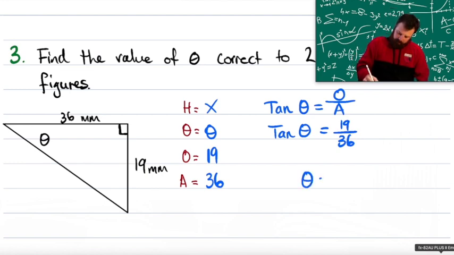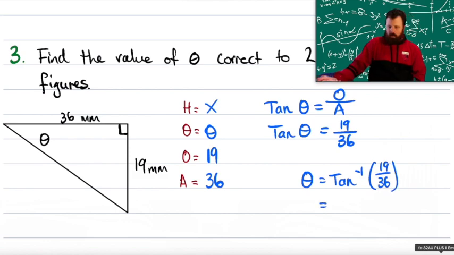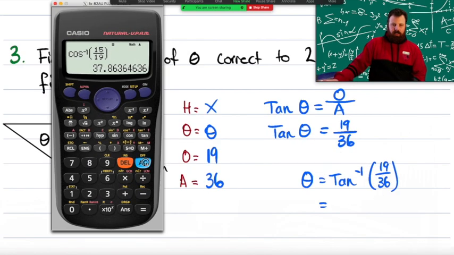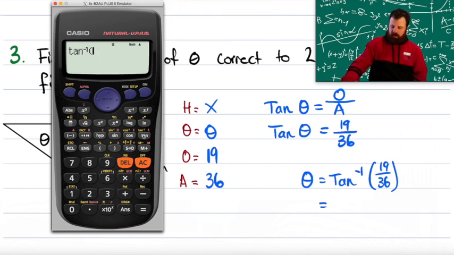So theta is going to equal shift tan of 19 over 36. Pulling our calculator out, clearing this away, shift tan of 19 over 36. Don't forget to close our brackets.